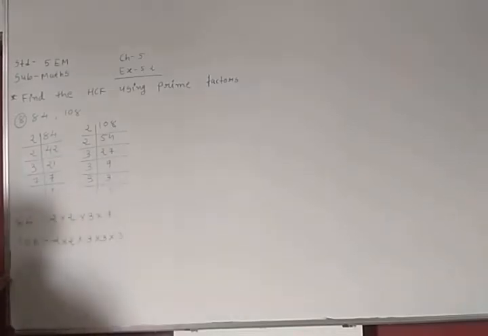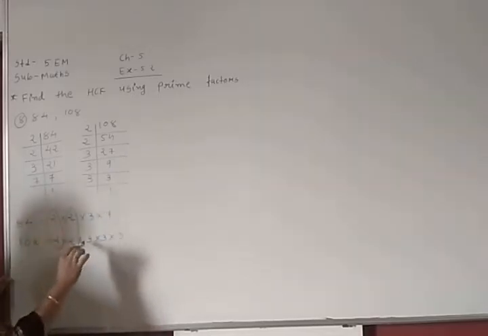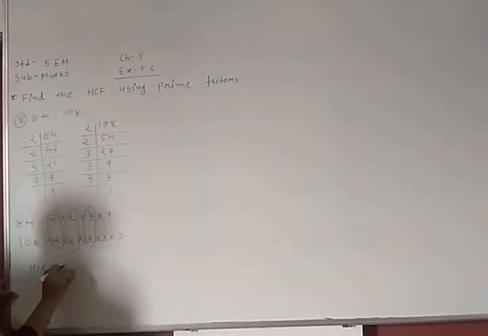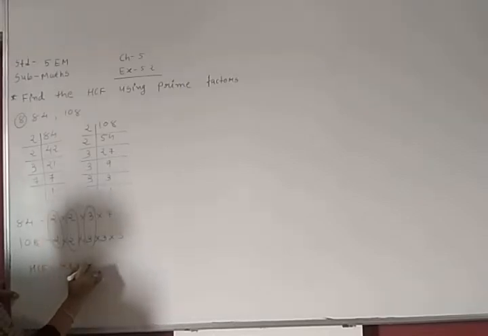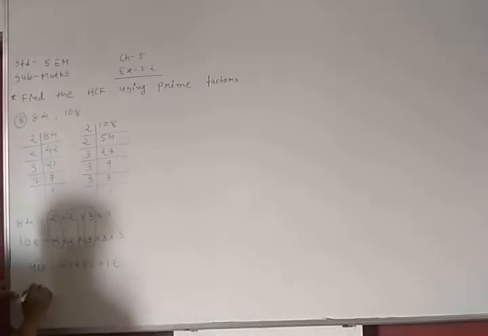Okay, so common factors. 2 is common, 2 is common, 3 is common, now nothing is common. So what will be the HCF? 2 into 2 into 3, that will be 12. So finally HCF is equal to 12.